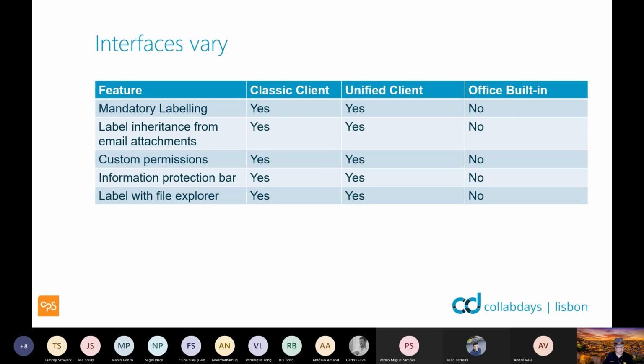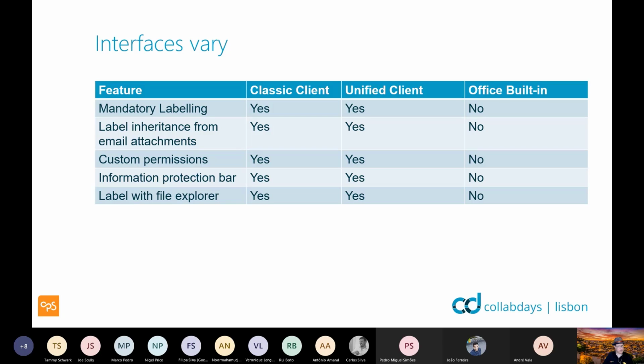Custom permissions, if users want to actually control how those permissions are set up. The information protection bar as well. So where I was showing you the very subtle labeling at the bottom of the page in Office and Outlook, the information protection bar just sits across the top of the application, just underneath the ribbon all of the time, even if you are not encrypting it and impacting the behavior of the document.